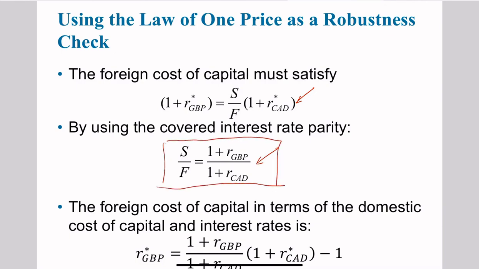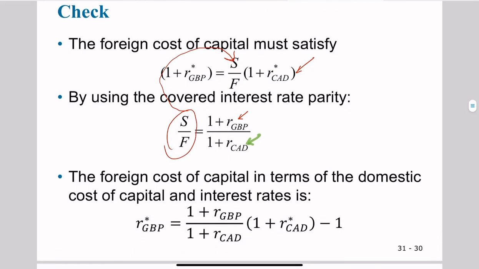The purpose of this formula is we want to use the risk-free rate in the UK and the risk-free rate in Canada to find out the ratio of the spot rate versus the forward rate. And after getting this number, we want to plug it into the first formula. This will help us to solve the cost of capital in the UK, right?